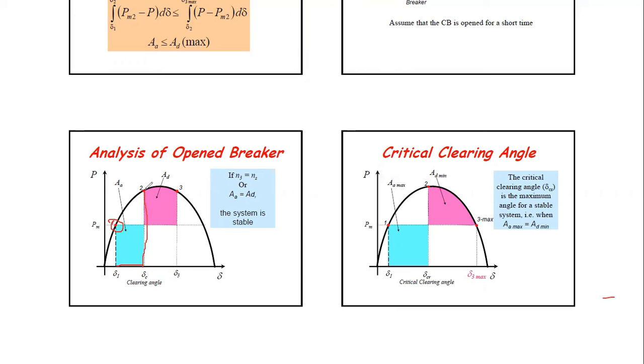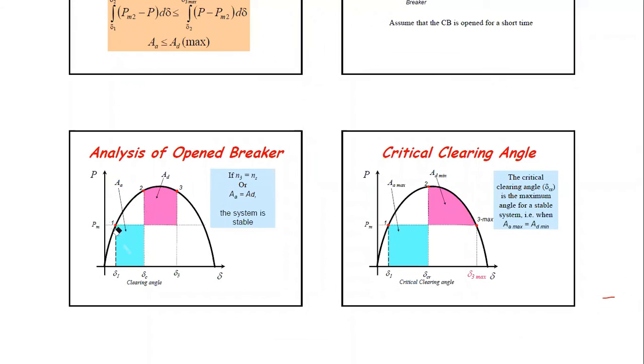Whatever energy has been gained, is it released till point 3 or not, that is what has to be seen. So this is the acceleration area and this is the deceleration area. If the acceleration area is equal to the deceleration area, the system can maintain stability, else the system will be unstable.